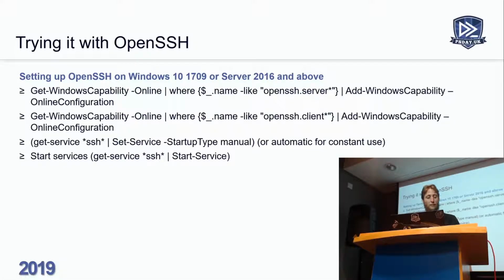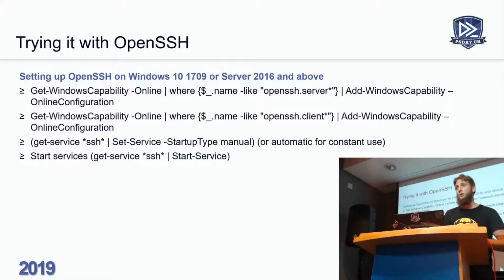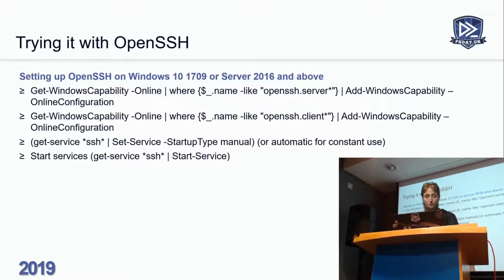So then, being really, really frustrated, switching over to the thing that is meant to be the future, trying it with OpenSSH. So what do you have to do on Windows side to use OpenSSH? Installing the optional features, which is done like this, or by clicking, or whatever. I think you all know how to install a feature there.